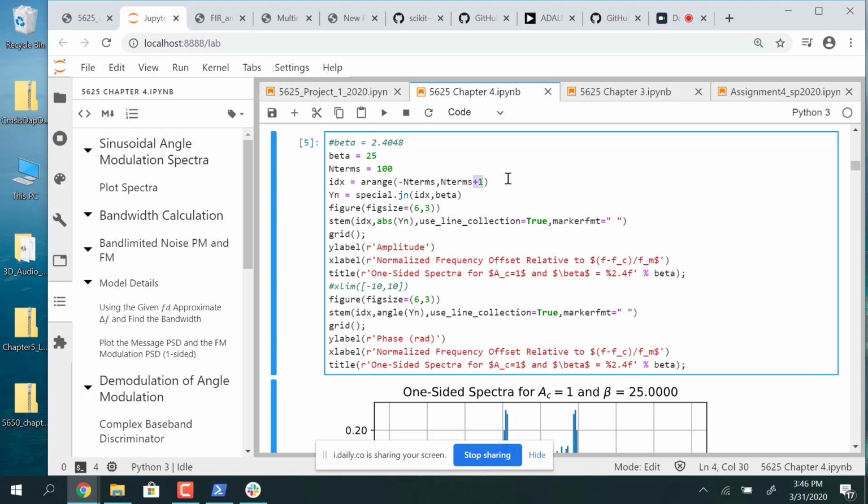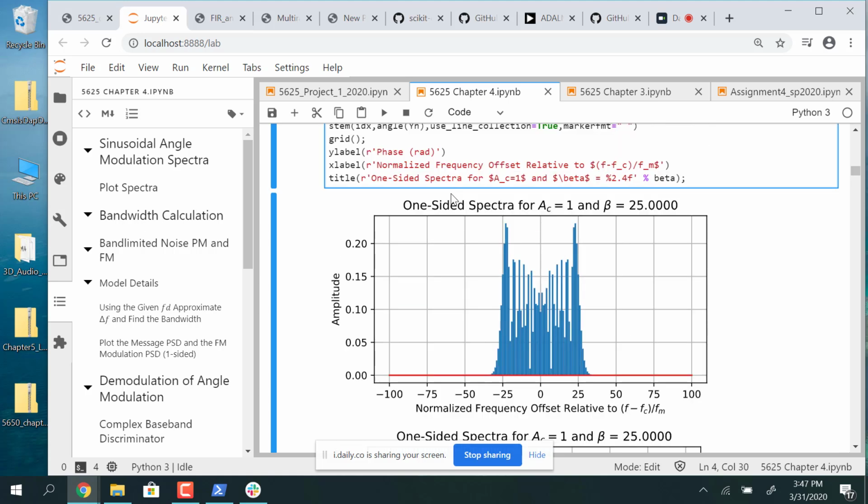Normally Python would stop at 99, so I'm forcing it to stop at 100. And then I have it evaluate the Bessel function for a fixed beta, and the index is over a range and beta is fixed at 25, so a large value of beta. So I get all of these spectral lines over this range of IDX for some value of beta.